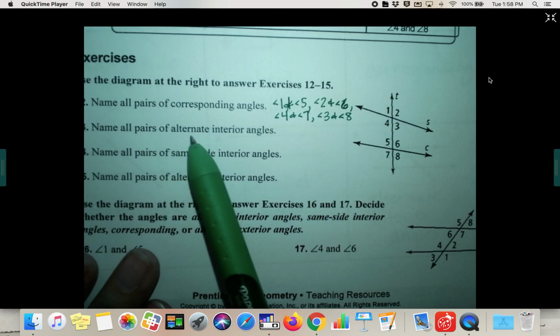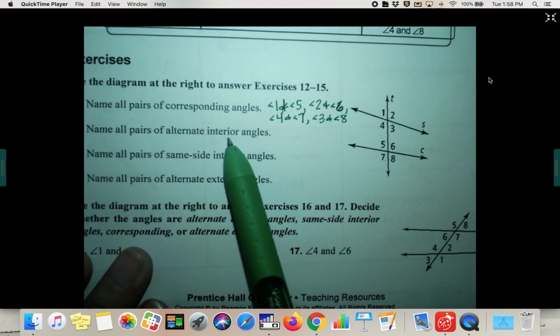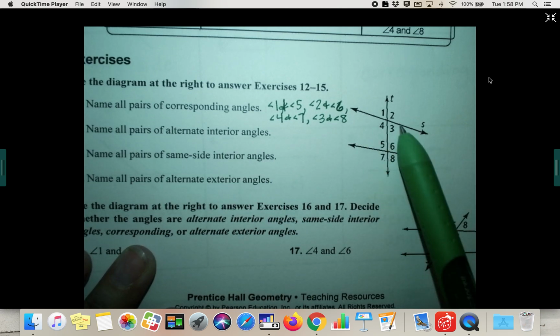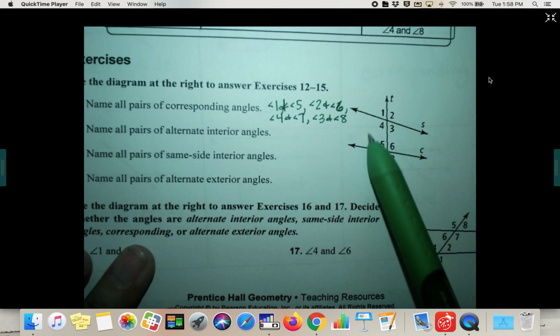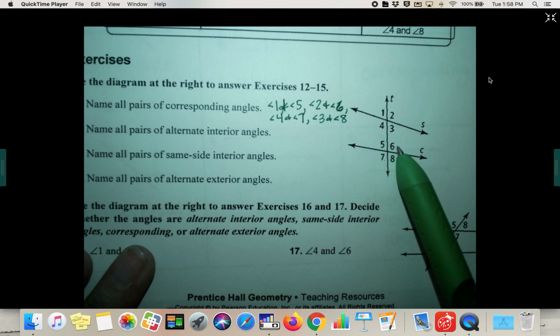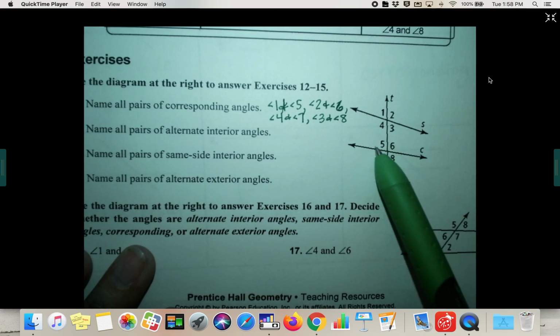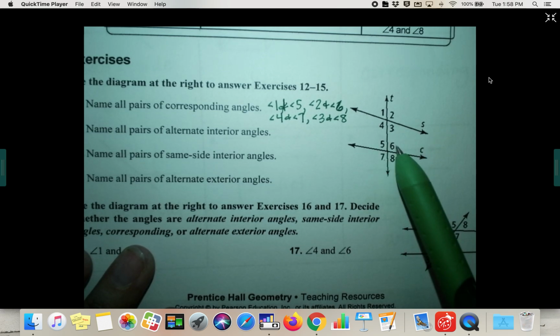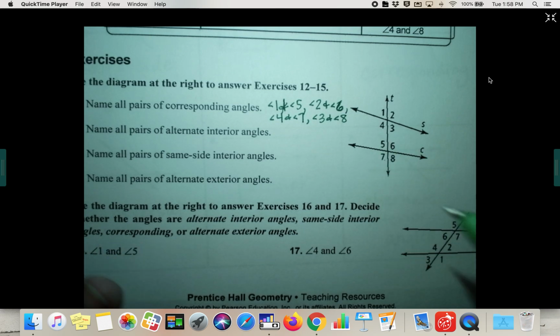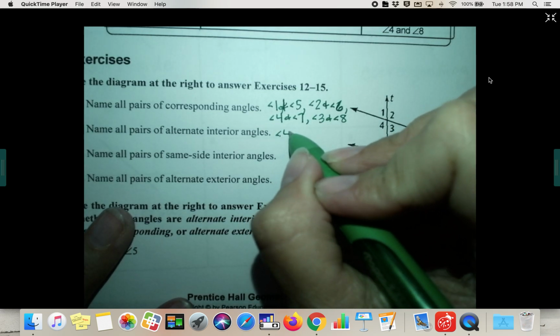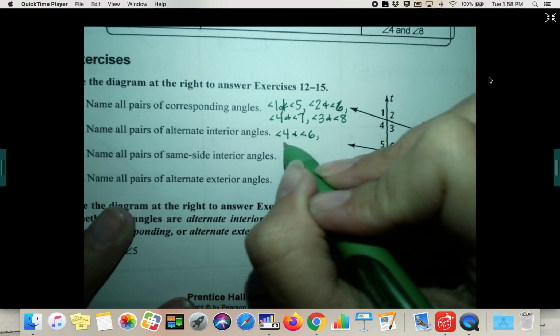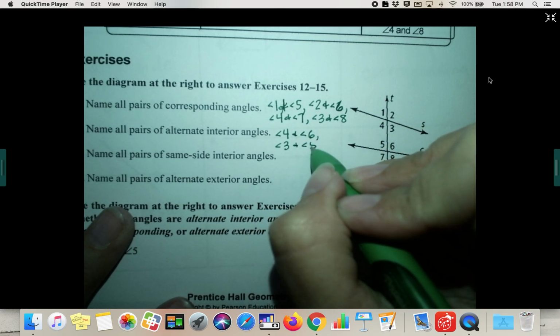All right, name all pairs of alternate interior. So interior are just going to be these 4, 3, 5, and 6, but alternate means they're kind of like crisscrossed in opposite spots. So they would be angles 4 and 6 and 3 and 5. So angle 4 and angle 6, angle 3 and angle 5.